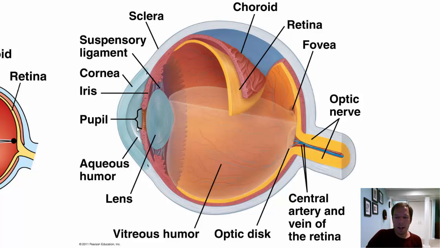As we'll see in a few minutes, light as it passes into the eye is going to hit the retina, which excites proteins present in cells there. If there's too much light, those cells will get overexcited, and you lose the ability to distinguish objects from each other. You're going to see everything as light.